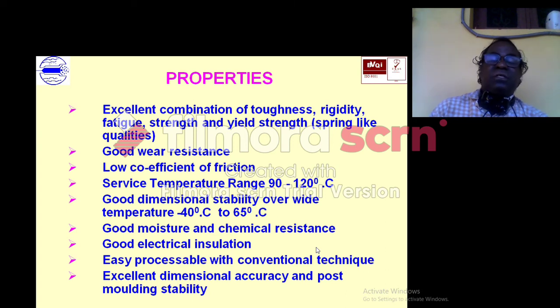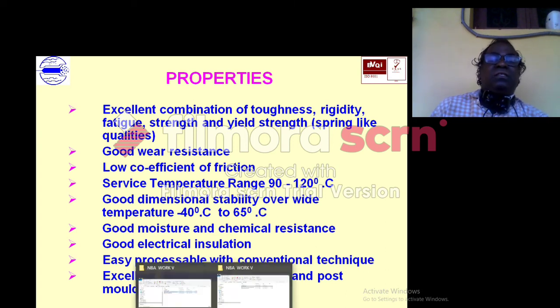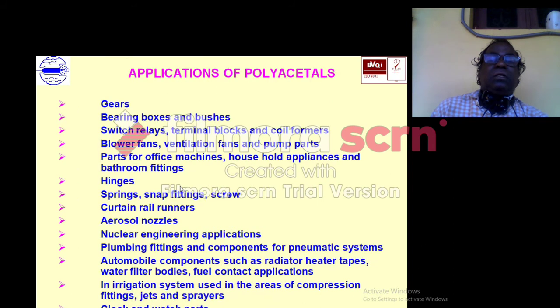So these are the properties of polyacetal. Application, as I told, because of low friction, is in gears, gear boxes, bearings, gear bushers. So these are the different types of application of polyacetal.